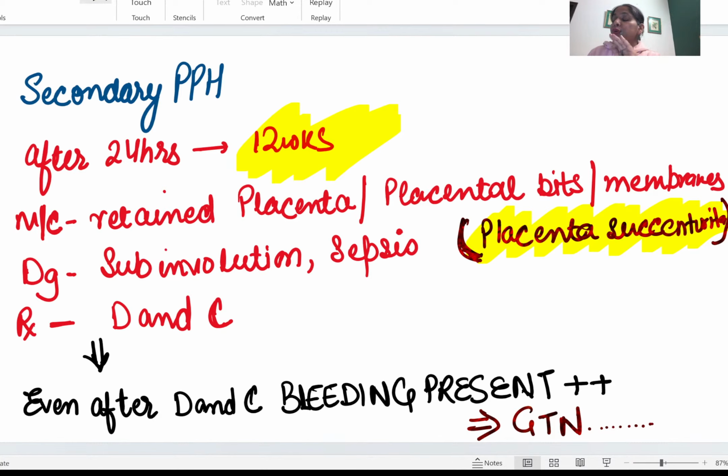Okay. So the most common cause is retained membranes, and small bleeding occurs. It's not a major bleeding, that is why we don't fear secondary PPH.